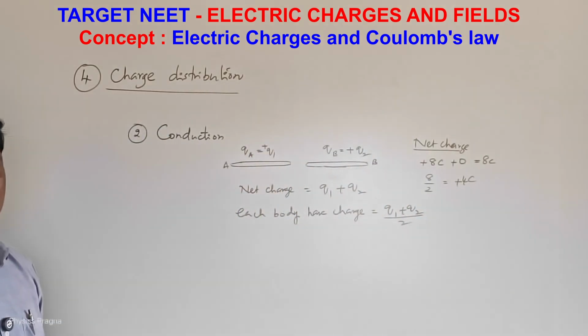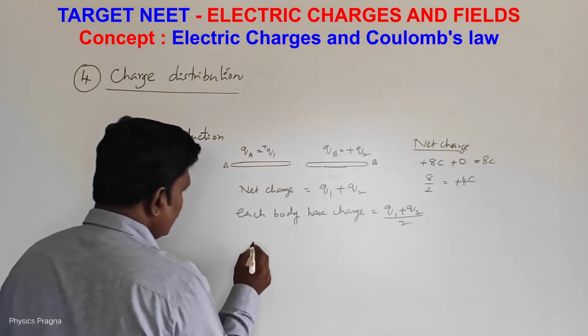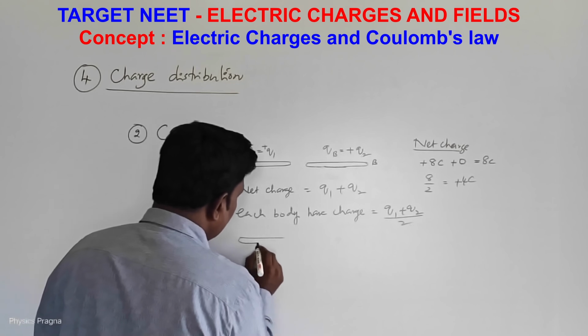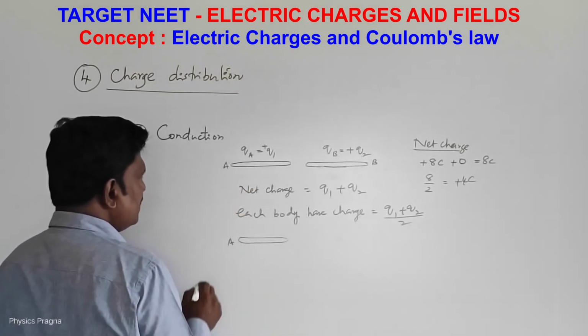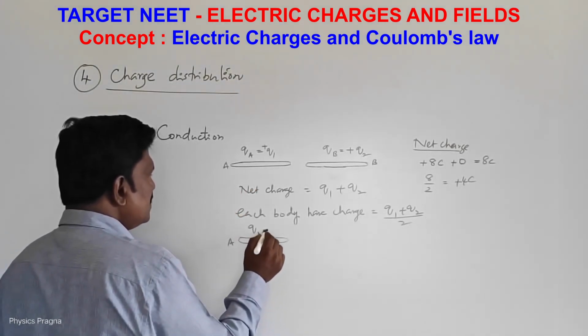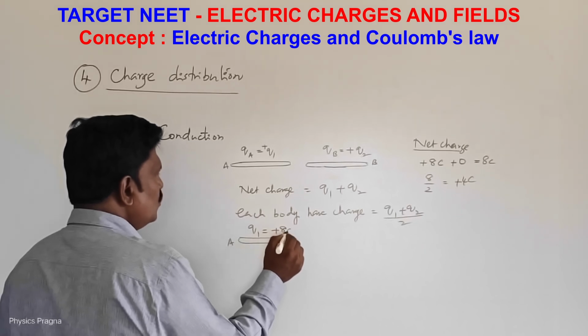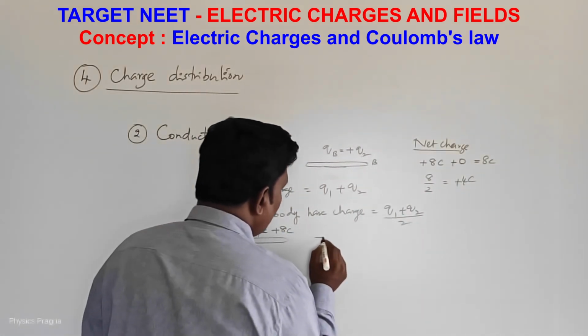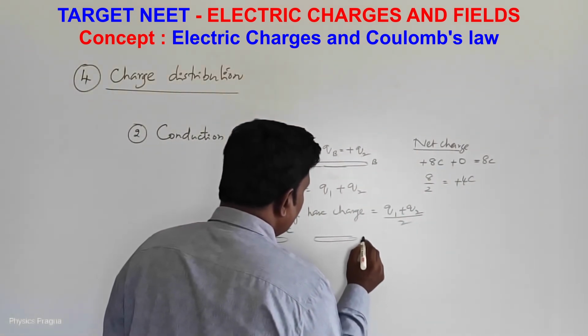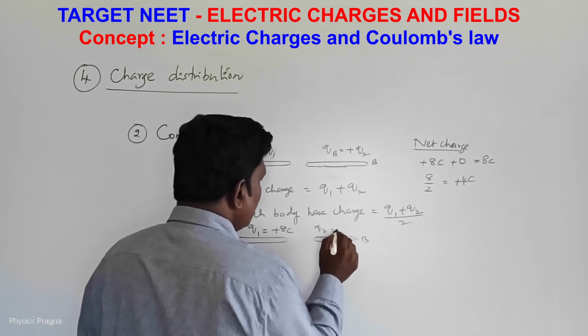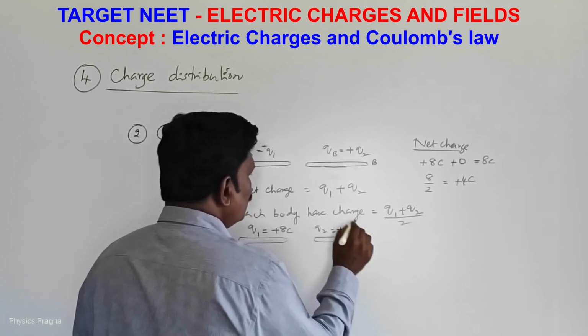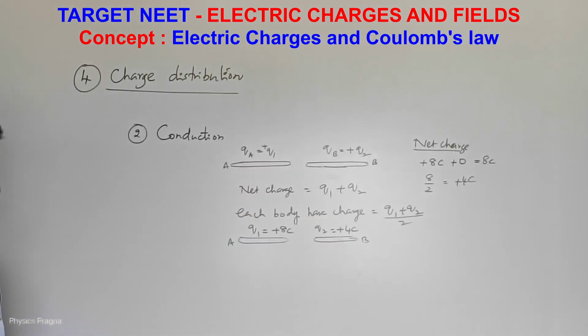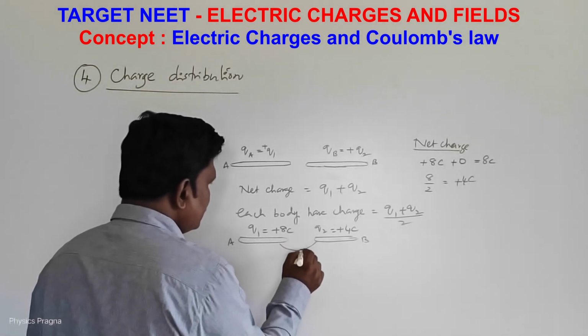They will share. So suppose for example, this body A is having charge plus 8 Coulomb. This body B is having charge plus 4 Coulomb. They made a contact.